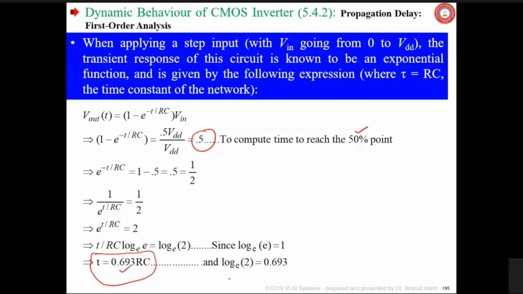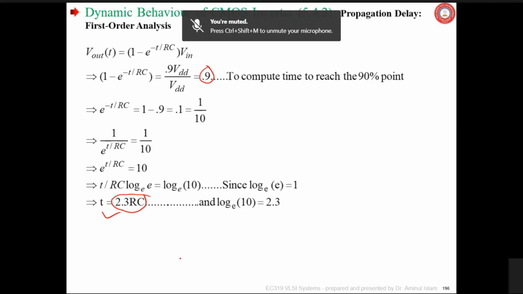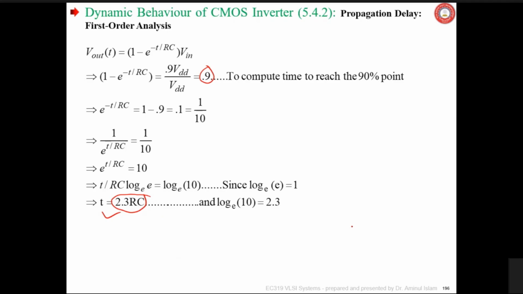Yes, sir. Suppose you want to see the rise time between the 10 and 90% points, which is also important. For that, t equals 2.3 RC. So if the CL value is more, the time required to rise up to 90% or 50% will be more.